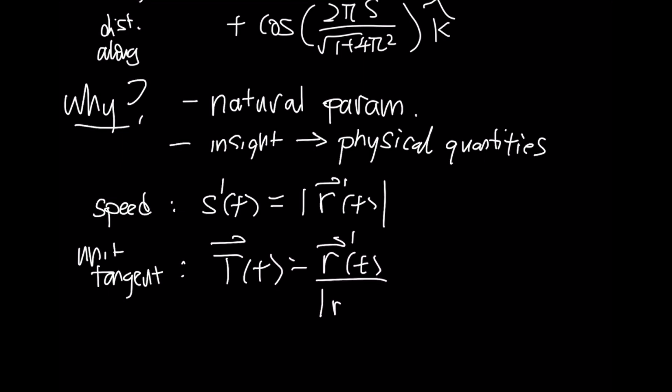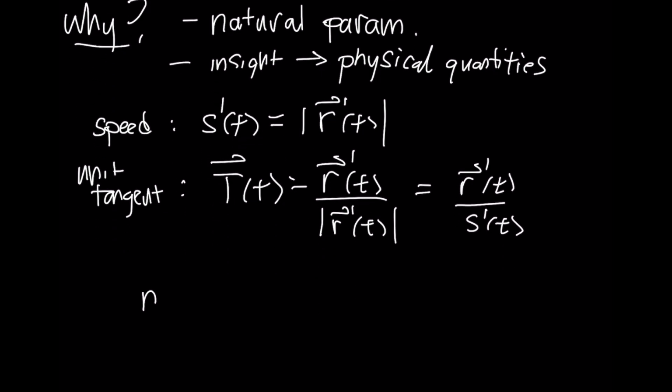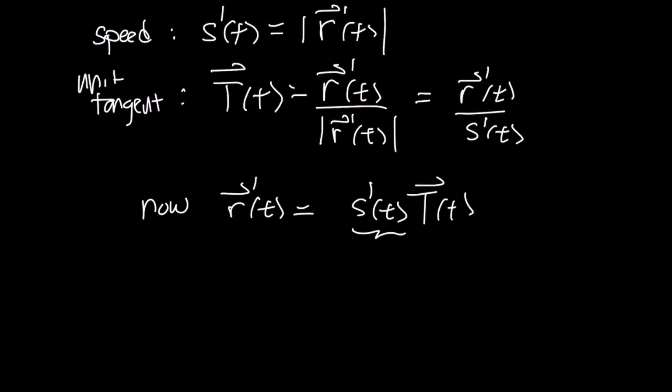This could be interpreted as r prime of t over the scalar s prime of t. So r prime of t is simply s prime of t times this unit vector. So this tells me something about a size, which is essentially the speed, and then this just tells me a direction. Now remember, r prime of t was the velocity.